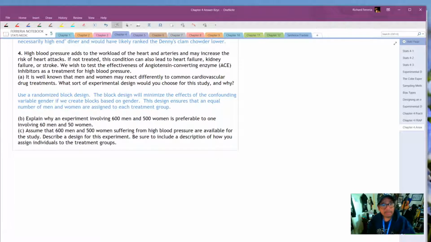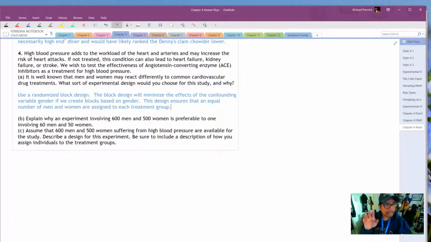Likewise with women, the same number of women will be assigned to the ACE inhibitor as are assigned to the placebo group. Remember, placebo is still a treatment, even though there is no treatment. It is still a treatment group.